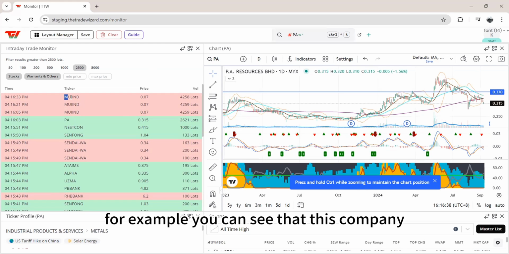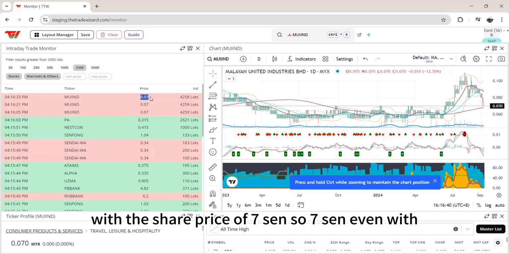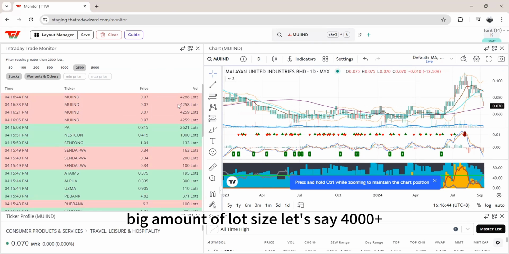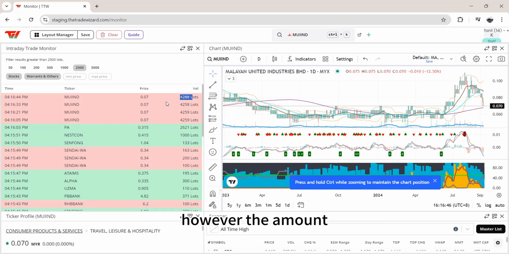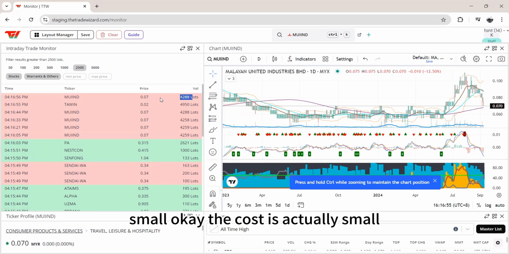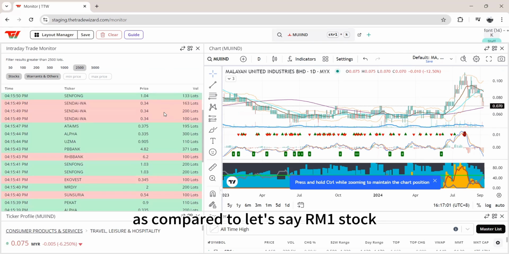For example, you can see that this company with a share price of 7 cents, even with a big amount of lot size, let's say 4,000 plus, however, the amount is small. Why? Because if you multiply this by 7 cents, the amount is actually small. Okay, the cost is actually small as compared to, let's say, a 1 ringgit stock.